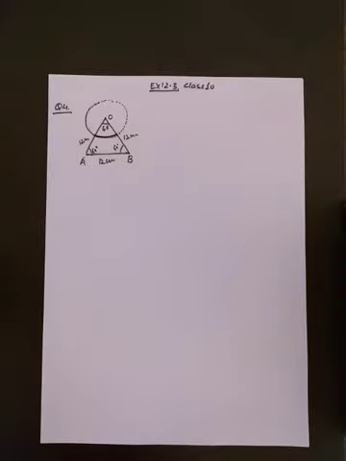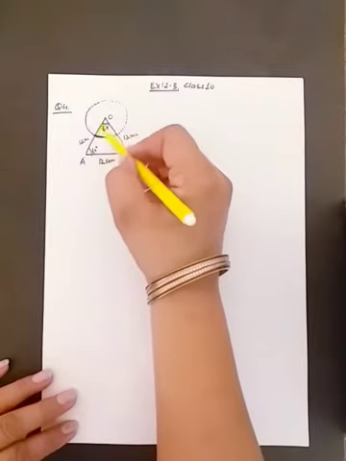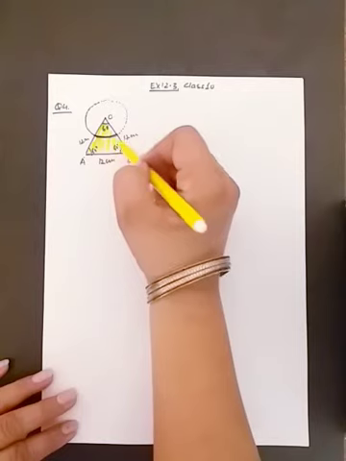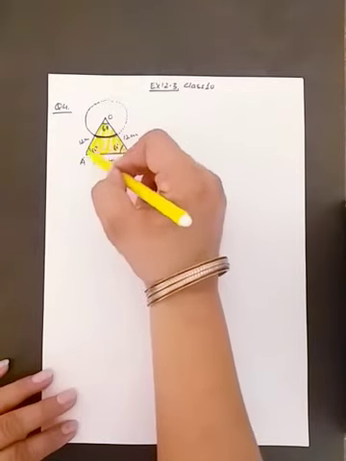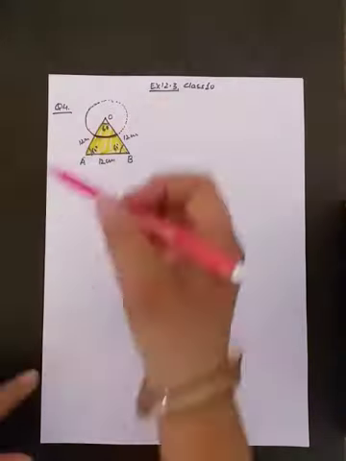Here this complete part is shaded. See triangle and circle. But when I am shading the triangle, I have also shaded some part of my circle. So it means the remaining part of the circle is a sector of the circle.